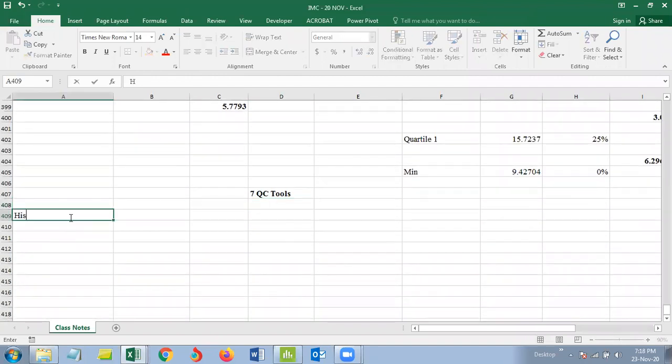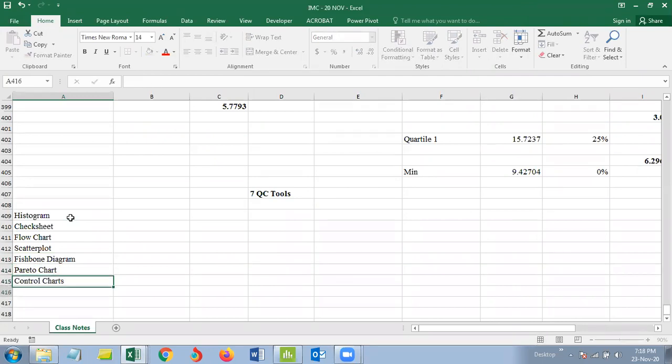One is histogram, second is check sheet, you have flowcharts, scatter plot, fishbone diagram, Pareto chart, and control charts. So these are the globally known set of 7 QC tools.